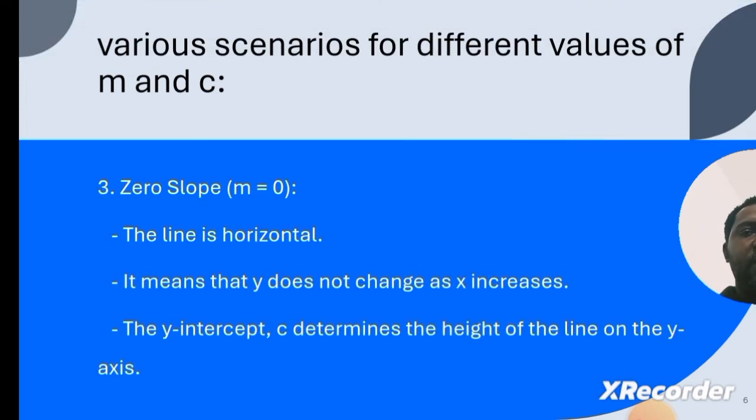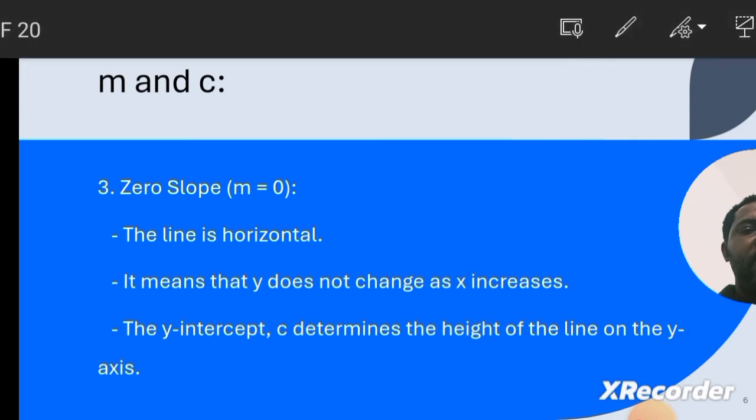The third case is zero slope. In this video we are not going to concentrate on this, but it's important to know how a zero slope graph looks. When the slope of a graph is 0, the line is horizontal. You have something like this. A horizontal straight line has no slope; the slope is 0.